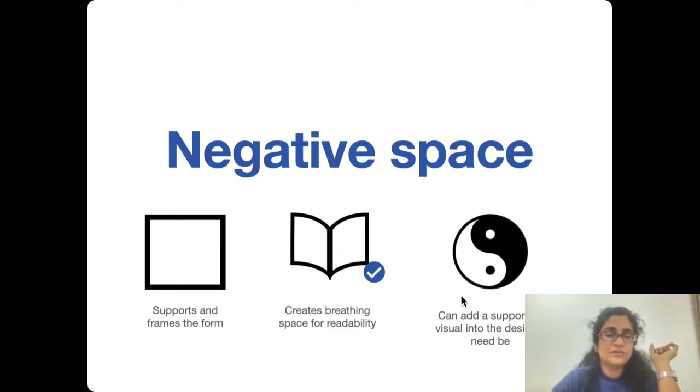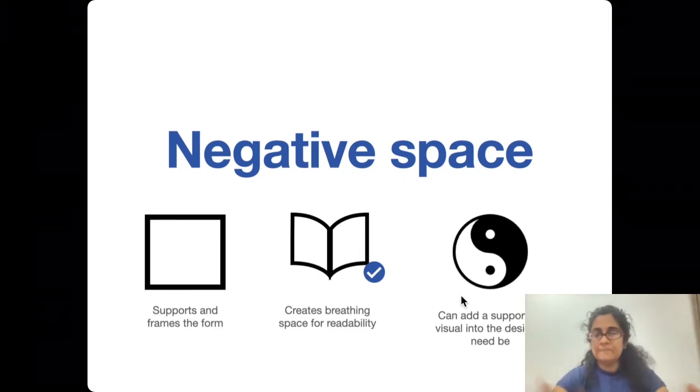That white space also has a form of its own. Now, because these two are equally balanced, you can't figure out which is the form and which is the negative space. So, there is a double meaning added to this visual, a sense of balance between the black and the white. This is the yin yang symbol. There is a deeper philosophical meaning as a result of this particular balance.